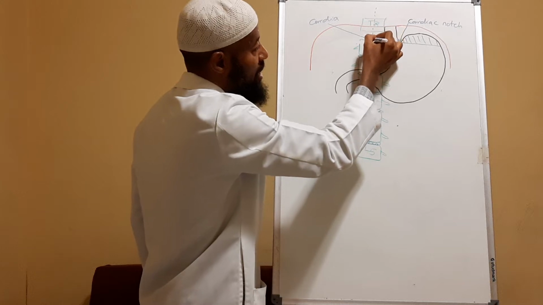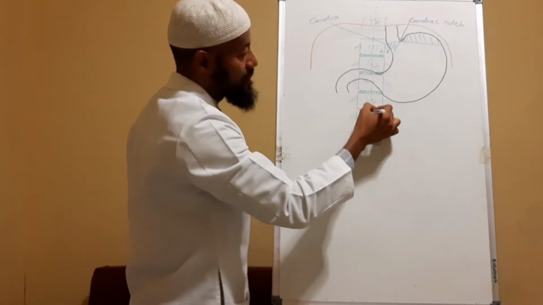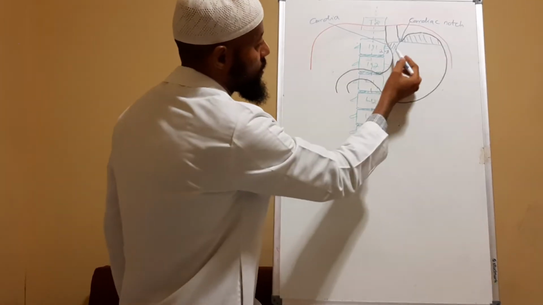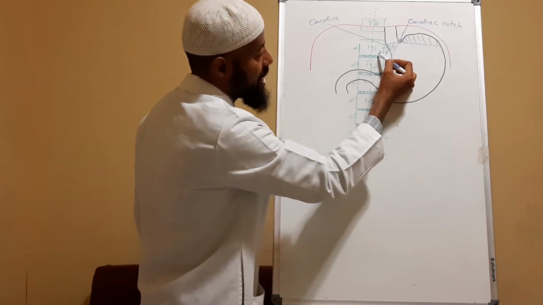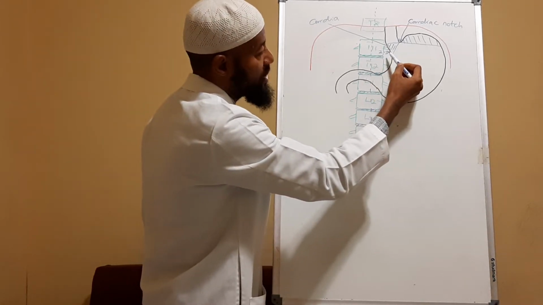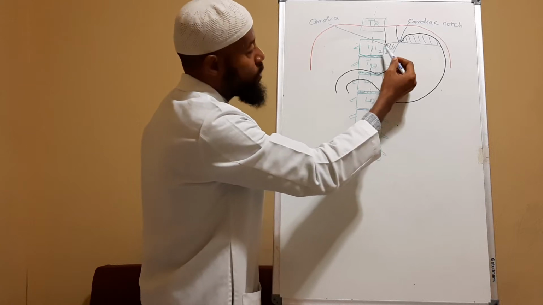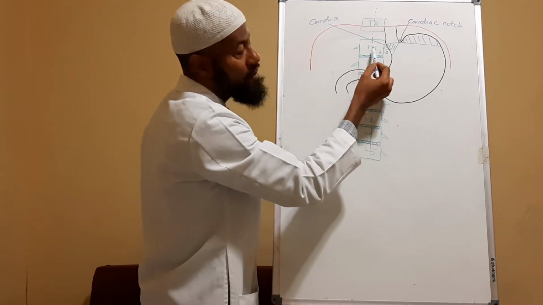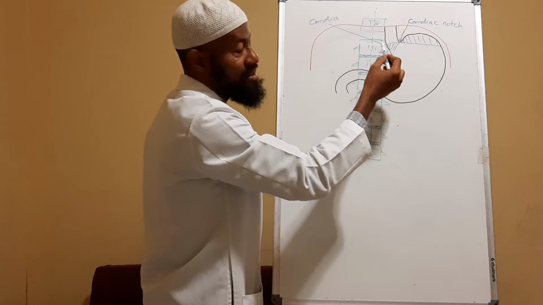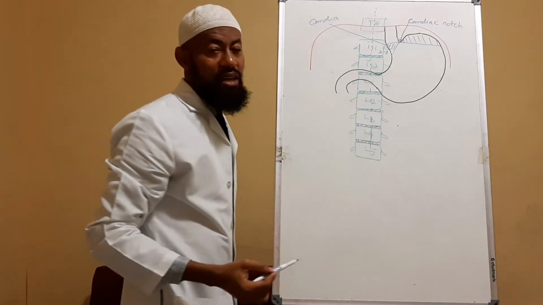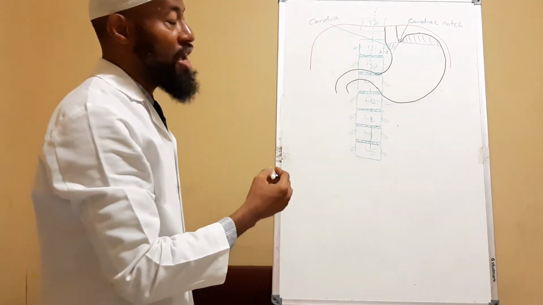So that's the midline. The cardia is approximately 2 to 3 centimeters away from the midline at the level of T11 at the 6th left intercostal cartilage.